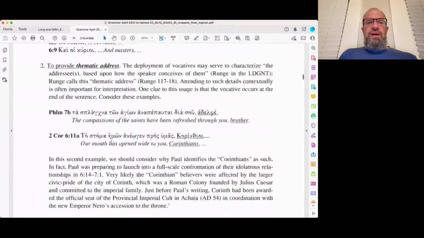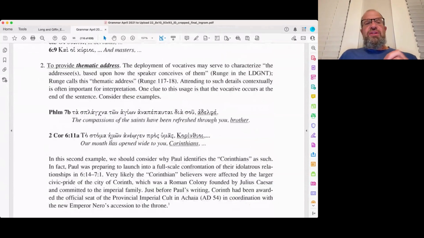Also, a vocative can provide what's called thematic address. By calling out the addressee by a certain word, you're construing how the author conceives them.